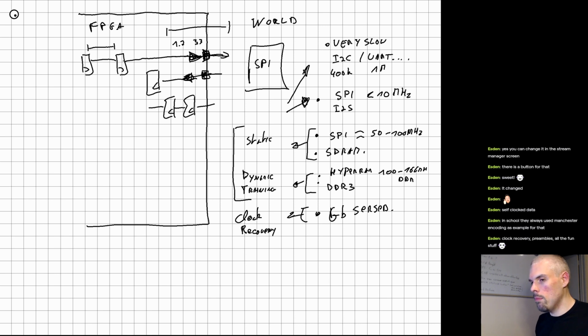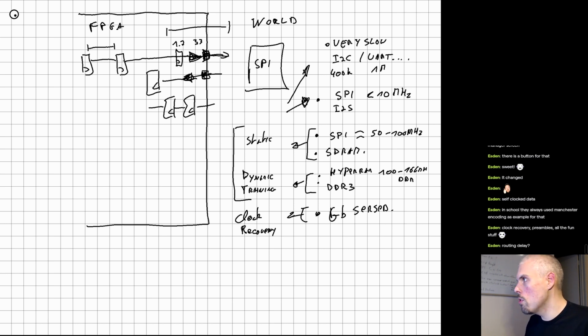That's how FPGAs work. If your flip-flop is very close to the I/O or very far, the signal will take a different time to get from that flip-flop to the outside, because of all the routing delays. So the only solution we're going to talk about here is using the flip-flops that are inside the I/O blocks.